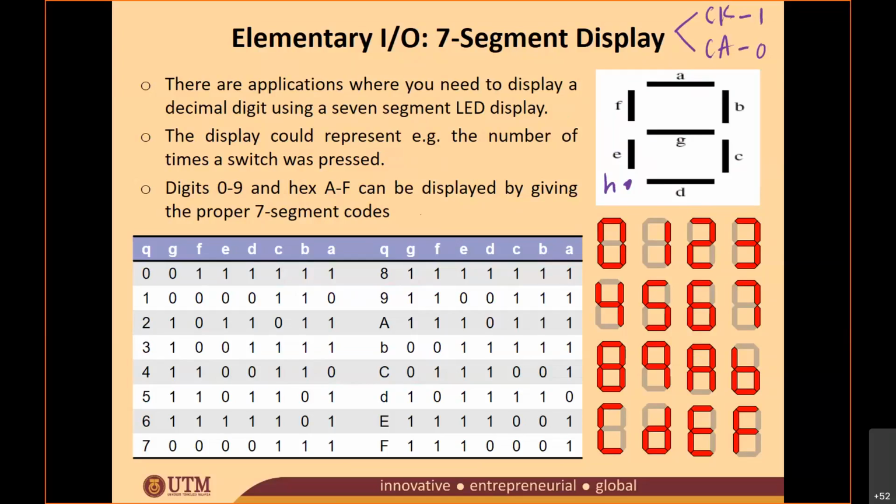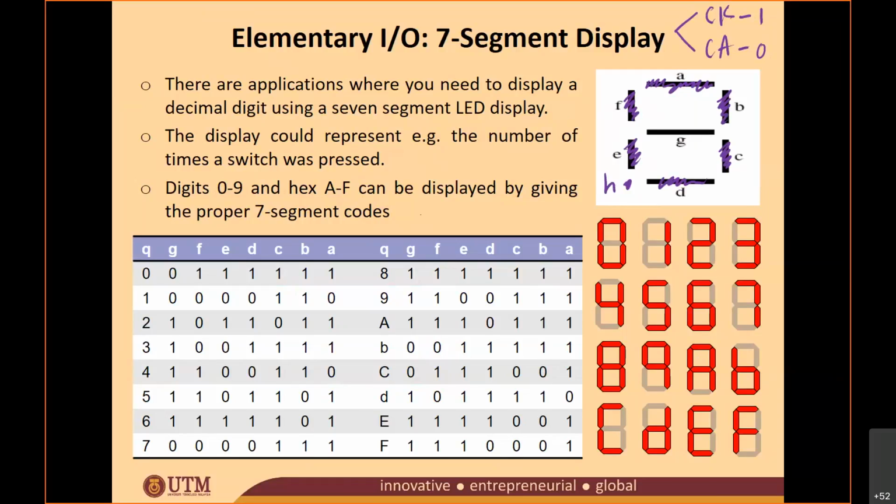In this case, since you are going to display 0, the LEDs that need to turn on are A, B, C, D, E, and F. G and H should be turned off.